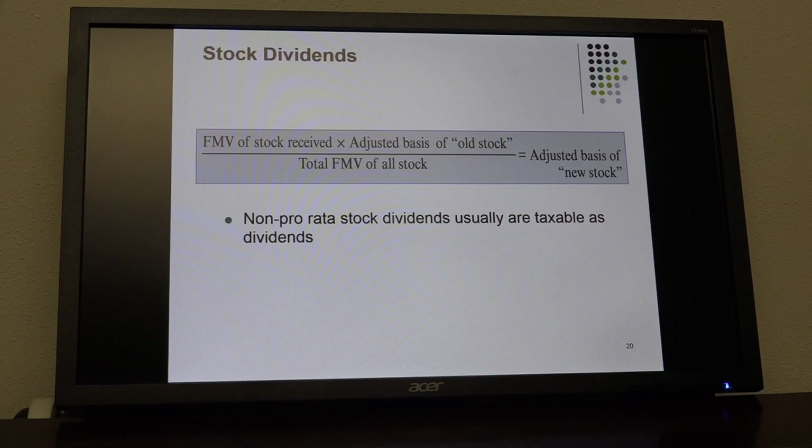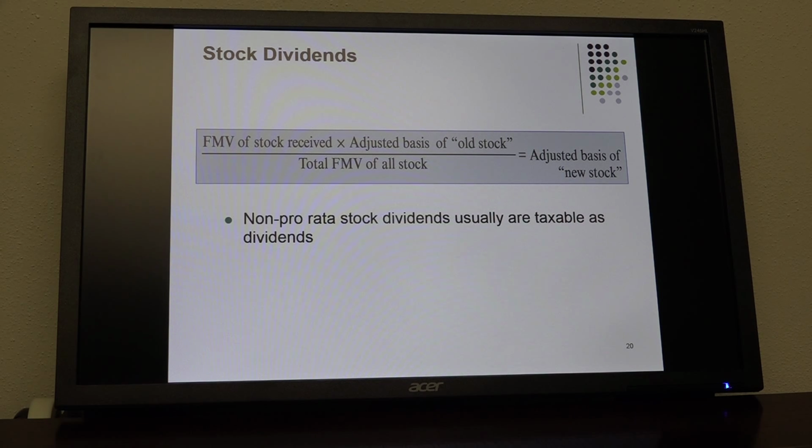Now, what you do as far as the tax basis of the old shares and the new shares is you simply allocate the basis for the old shares to include the new shares.